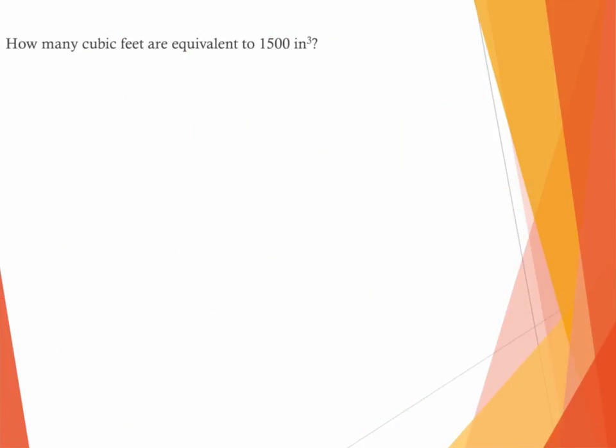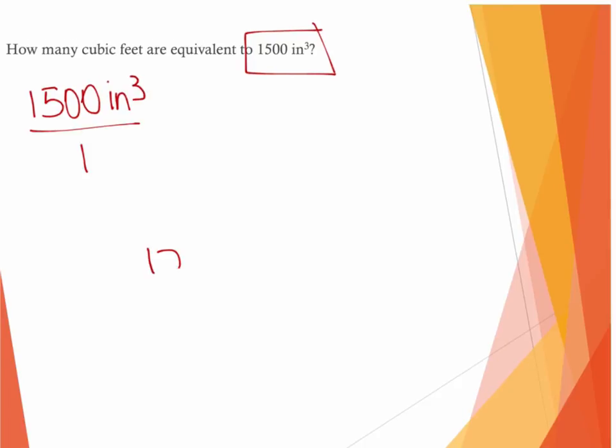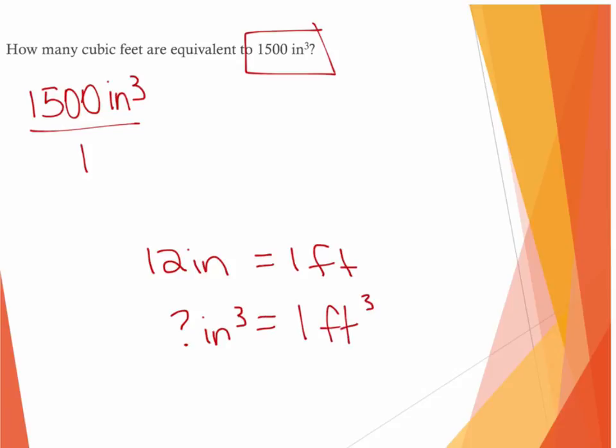Last question, how many cubic feet are equivalent to 1,500 cubic inches? So we start off with 1,500 cubic inches. I know that there are 12 inches in 1 foot. Well, we need to know how many cubic inches there are in 1 cubic foot.